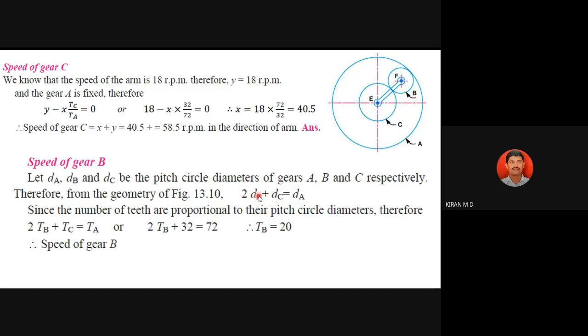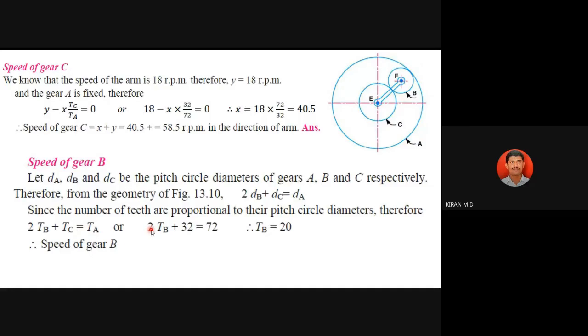From this figure, we can see 2 DB plus DC is equal to DA. Since the module remains constant, we can write 2 TB plus TC is equal to TA.